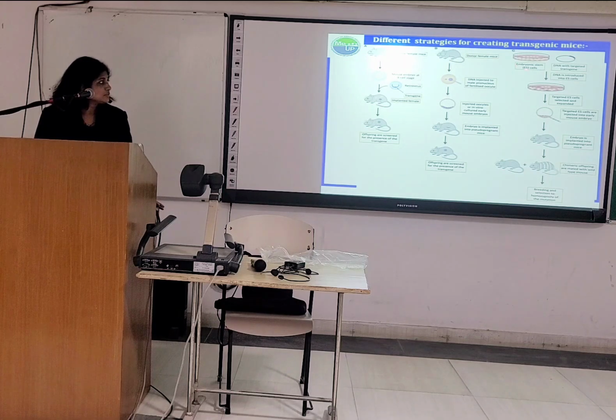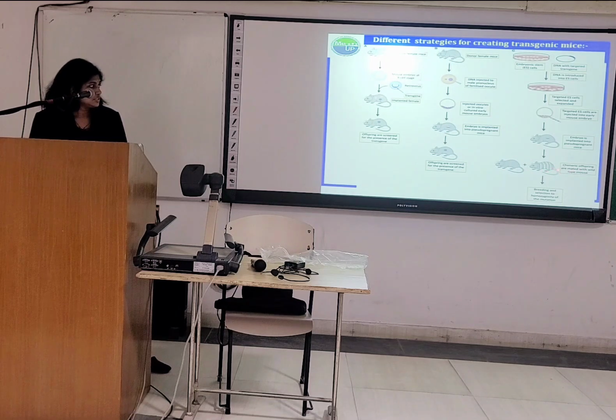These embryonic stem cells and the donor blastocyst derive from mouse lines having different coat colors. So after successful implantation of embryo in these pseudo-pregnant mice, the offspring produced is chimeric offspring with variegated coat color.